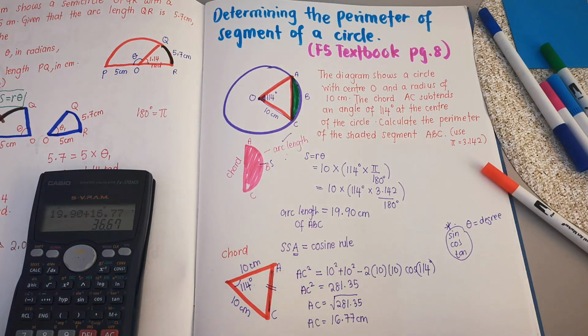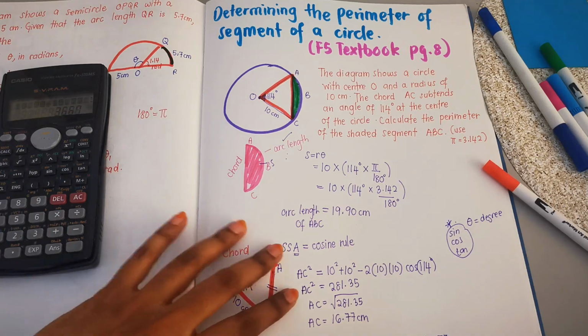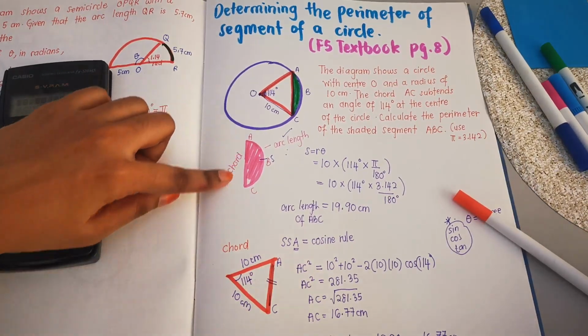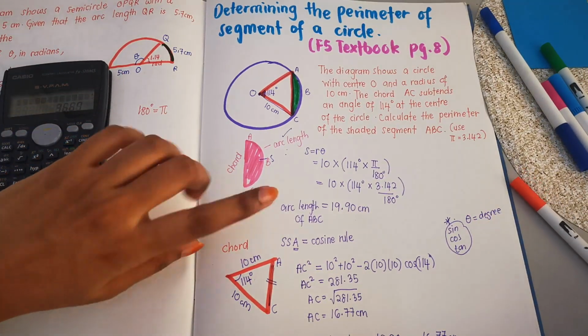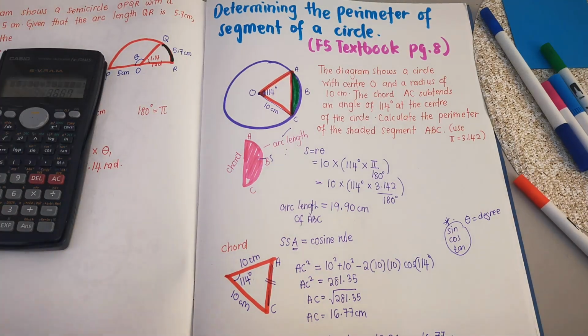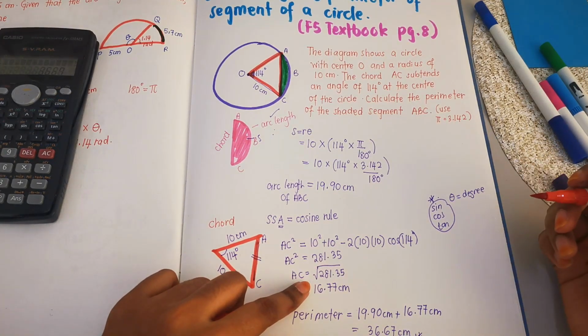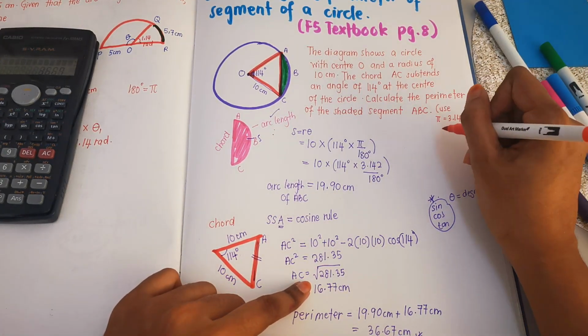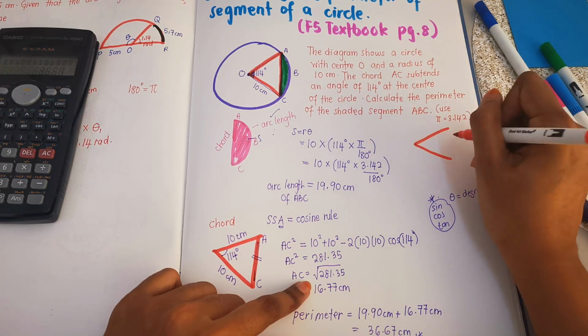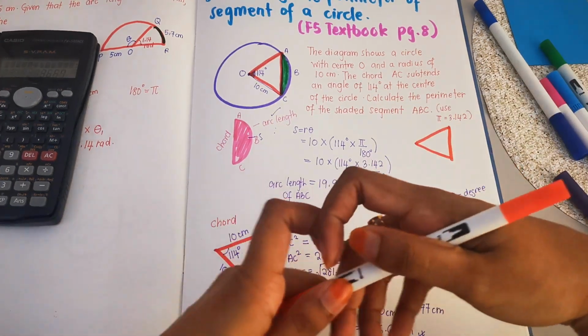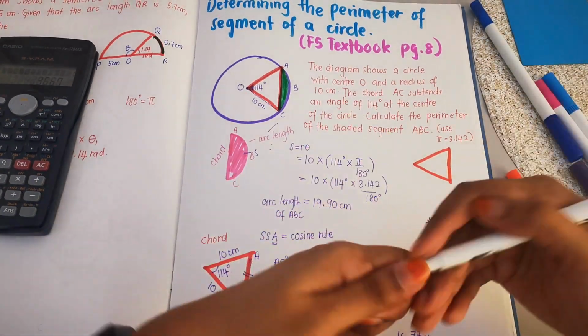There's also another way that I can guide you on finding the length of the chord, but that one is going to be a little bit tedious. Let me show it this way. This is a triangle, and you want to find AC.